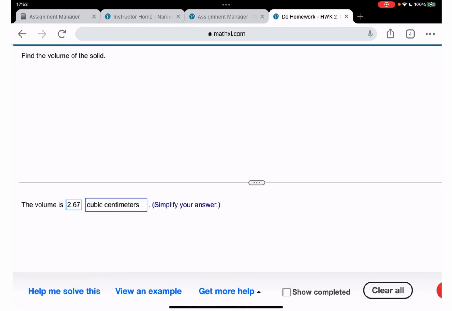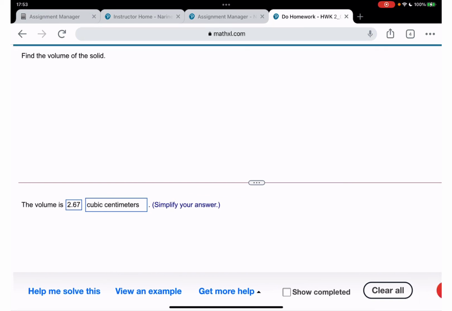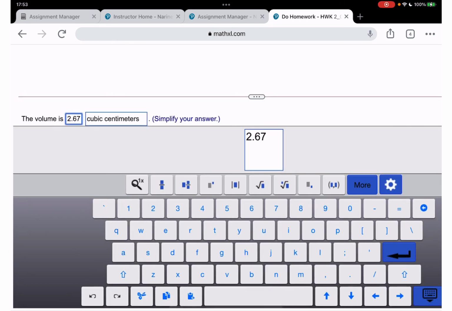I guess I need to round it up, or what? Simplify your answer. I don't know what they mean by simplify. Let me put 3. Maybe they mean rounding. Let's try a second attempt like that.